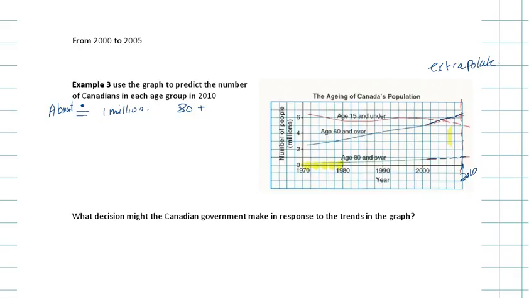So if I look at my population in 2010, that'd be about 6.5 million, right? So in the 60s to 80, it looks like I have about 6.3, let's say.